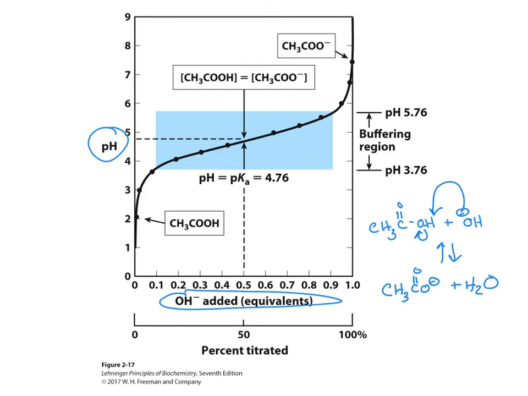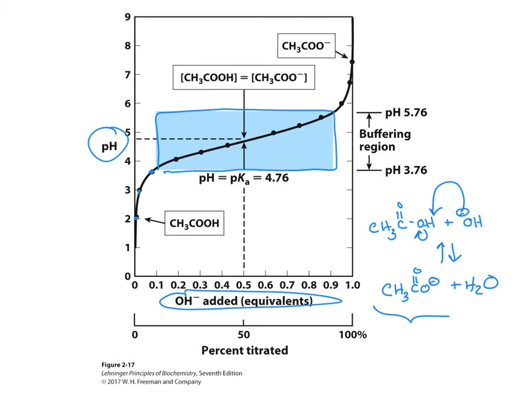So notice here the pH is pretty low at the beginning because you just have acetic acid, so it's an acid solution. Then it starts rising as you add hydroxide because you're getting rid of some of the acetic acid and converting it into the conjugate base. Now notice in this titration curve, there's an area that's shaded in blue that's relatively flat.